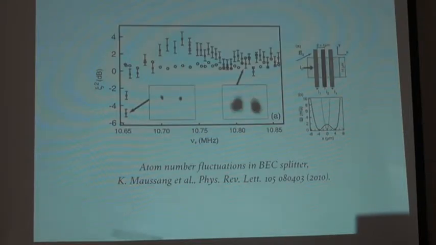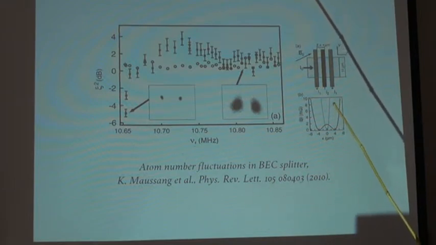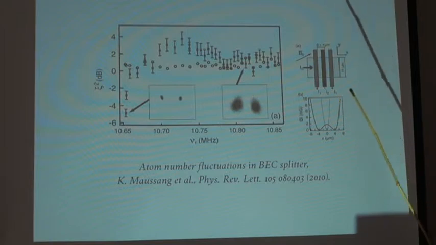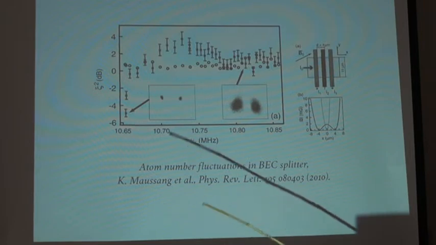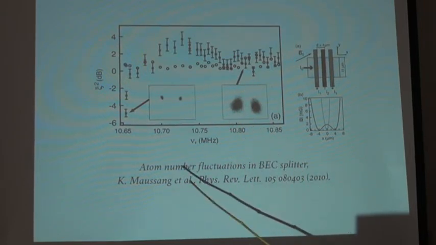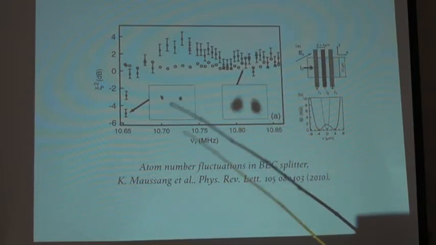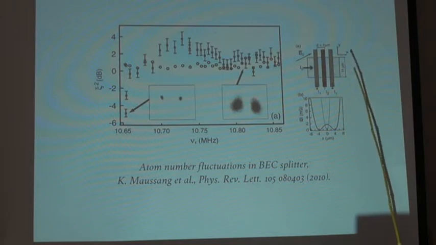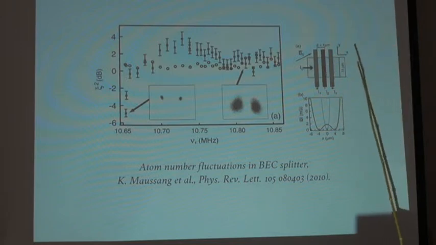These super-Poissonian fluctuations can also be observed when we split a condensate, in the atom number difference between the split halves. And here we have the results of an experiment performed in 2010 where they split the condensate. Here we have the experimental setup, this is the atom chip.